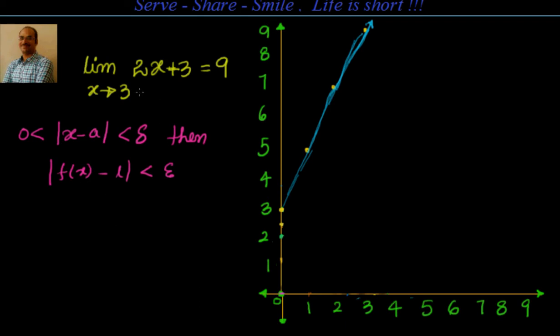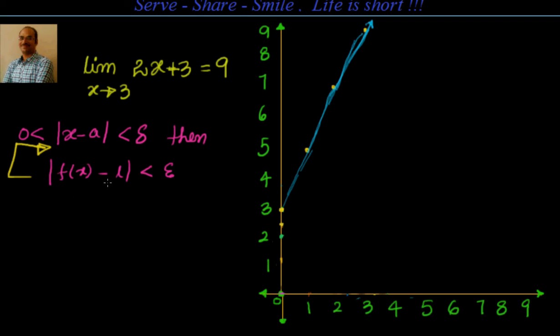Now the key point to understand whenever you have to prove by the delta epsilon approach is to find a relation between delta and epsilon. So what we will do is, we'll start from mod of f of x minus L less than epsilon and go towards mod of x minus a less than delta, so that we can get a relationship between epsilon and delta. Once we get the relationship, then we will go ahead with the proof. Let us see how we can do that.